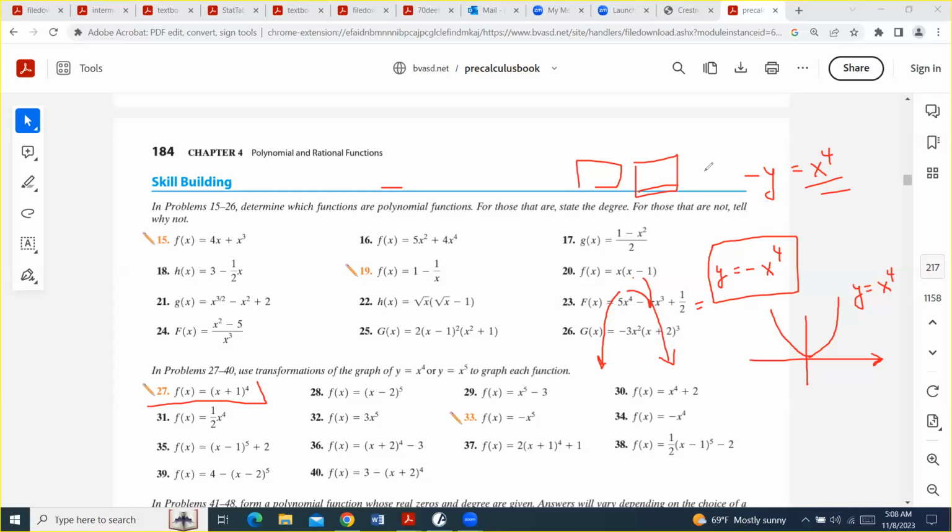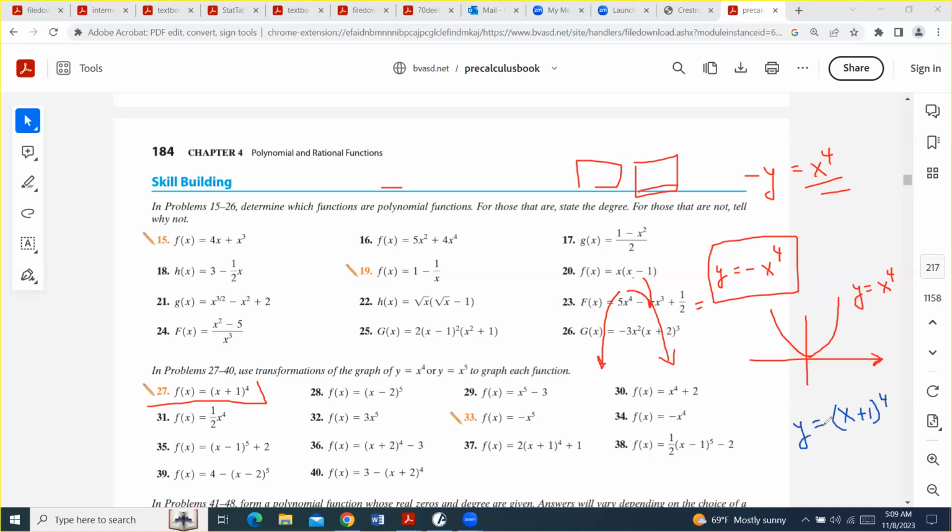Now, in the actual exercise here, we have (x plus 1) in the parentheses raised to the power of 4. So what happens with the graph in that case?